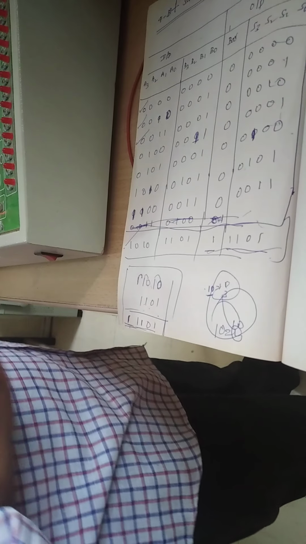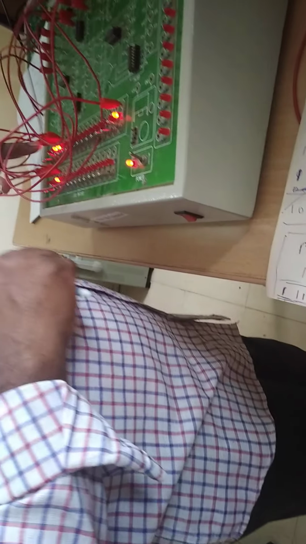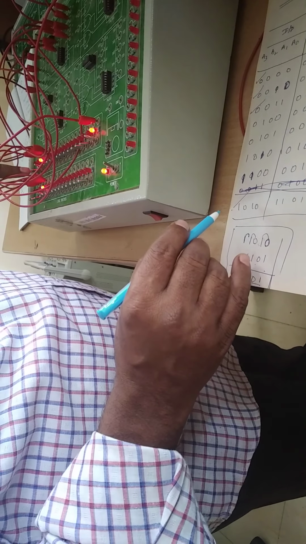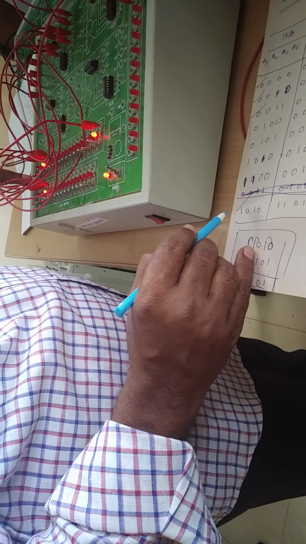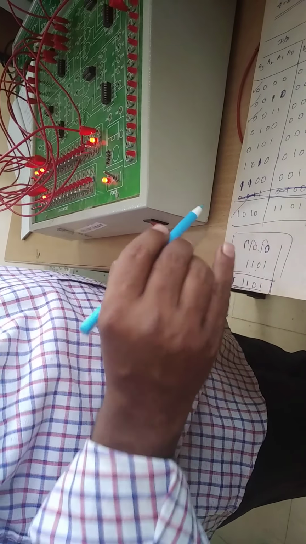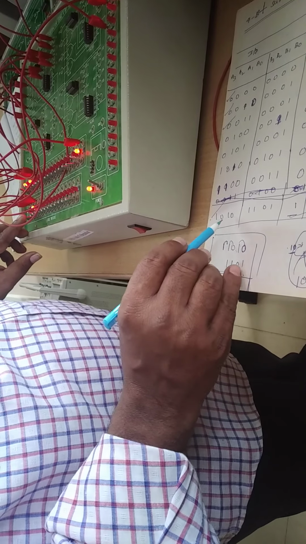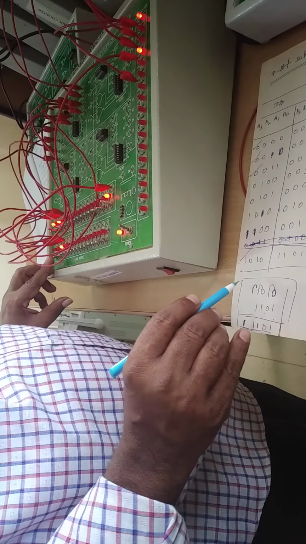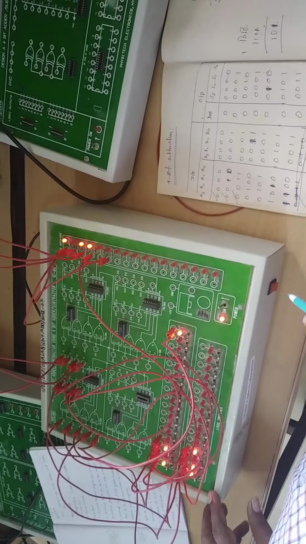Last condition, same procedure. So A0 is 0, A1 is 1, A2 is 0, A3 is 1. Next one, B0 is 1, B1 is 0, B2 is 1, B3 is 1.